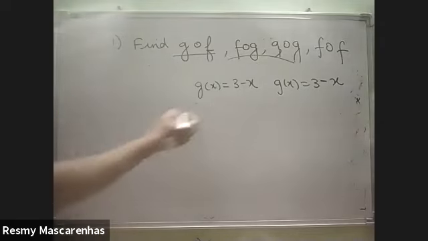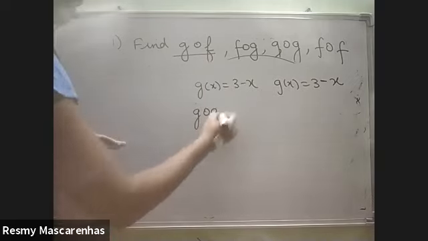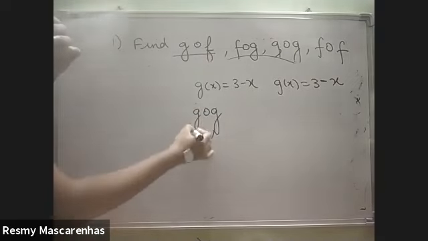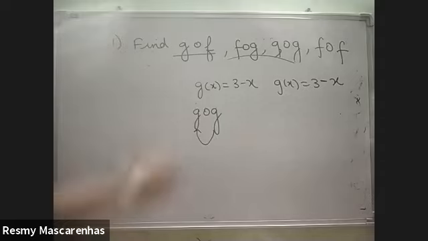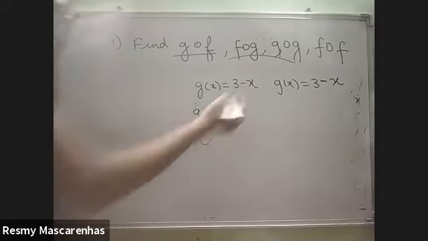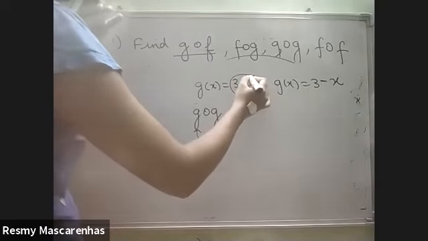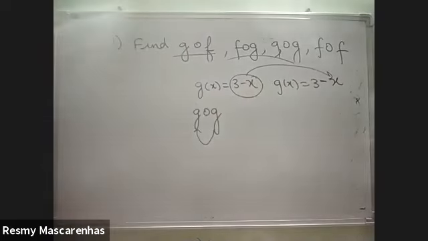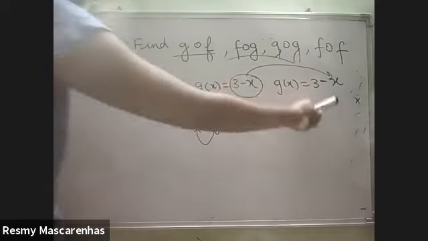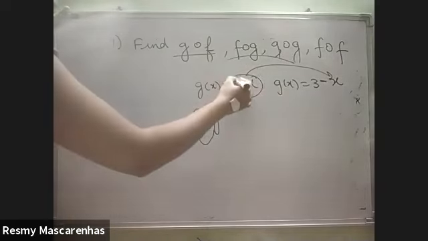So what you have to do is, G you have to substitute in G itself. So wherever there is X, put this full thing. Even the other way if you do, it will be the same thing.